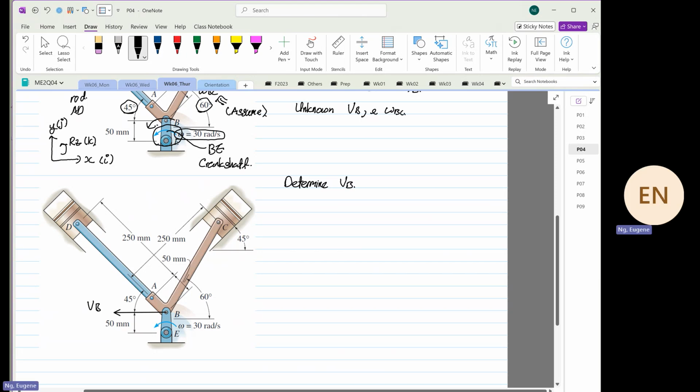VB only has an I component. VBJ is equal to 0. And why is that? Remember, we were talking about this yesterday.